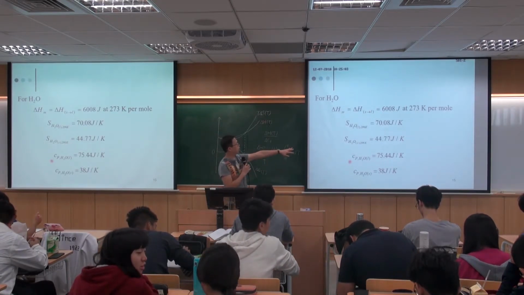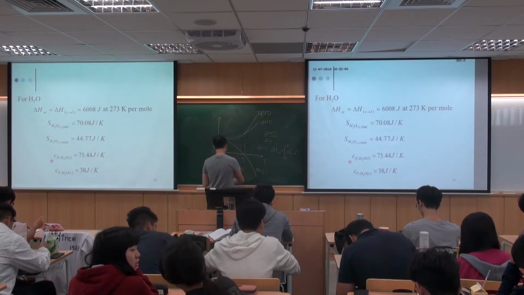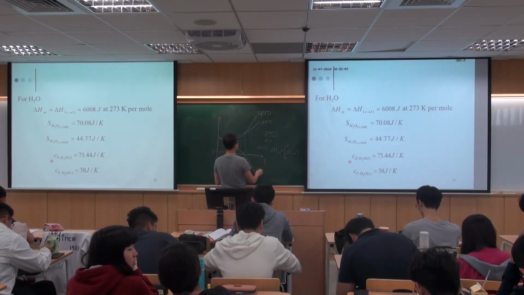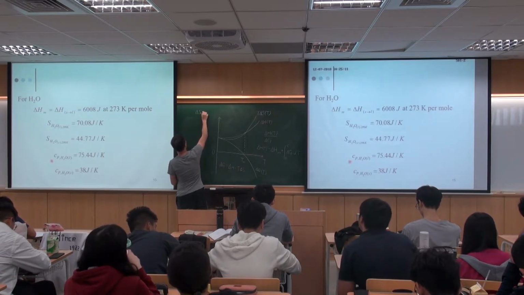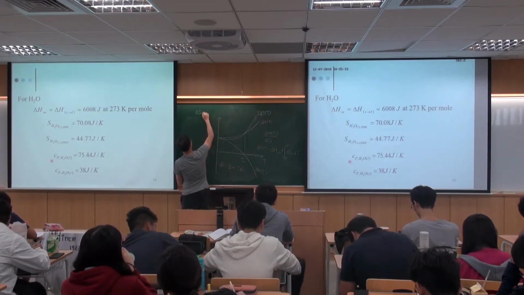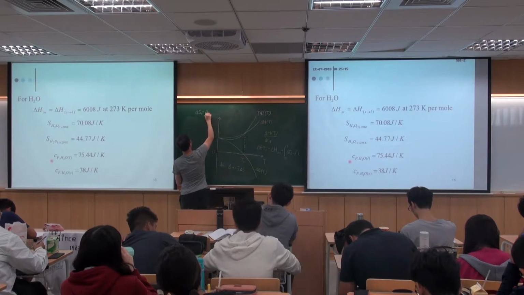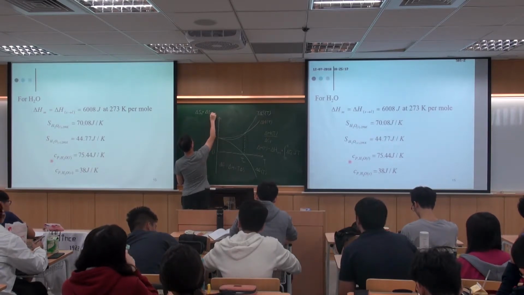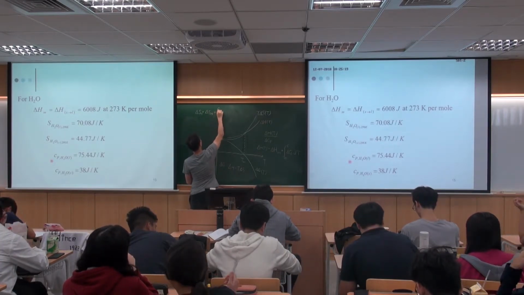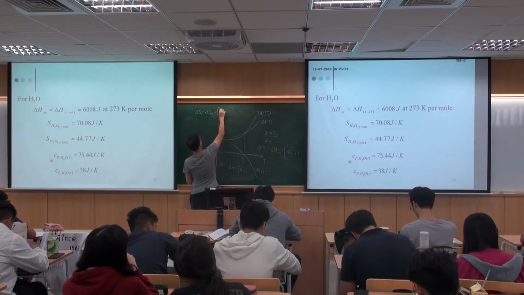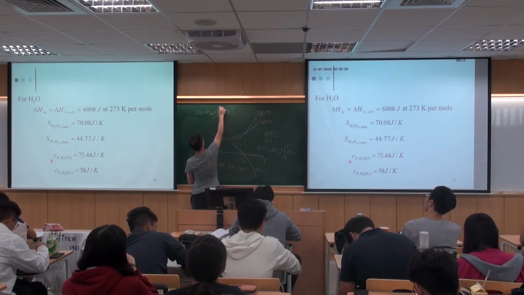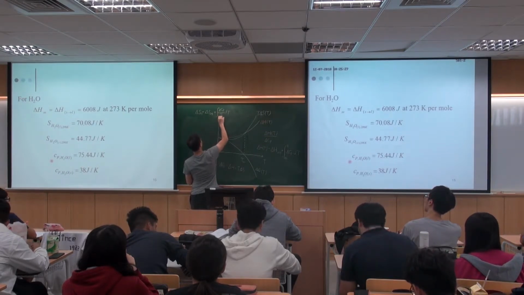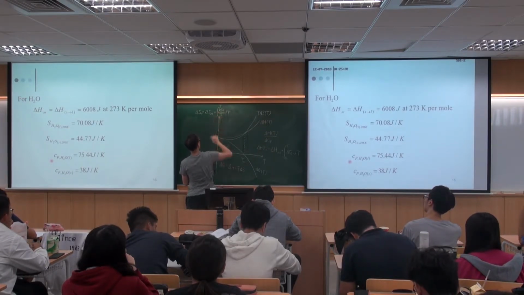And for entropy, you use the same thing, right? For entropy, let me write it down over here. For delta S, it is also at some certain temperature, delta S at, let's say, 273, plus delta Cp over T. Oh, sorry, it's 273 to some certain number.